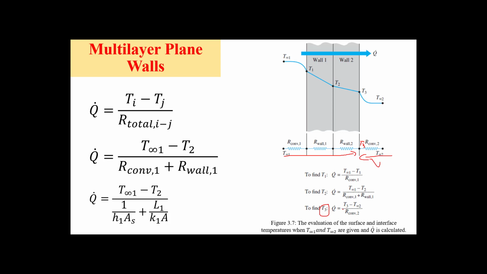So we'll say T3 minus T infinity 2 over R convection 2. Sometimes we are not looking for the easier one, we are looking for the most given information. If T infinity 2 is given, we'll come from this direction. If T infinity 2 is unknown and everything in the other direction is known, we'll choose that one. So it depends on the question.